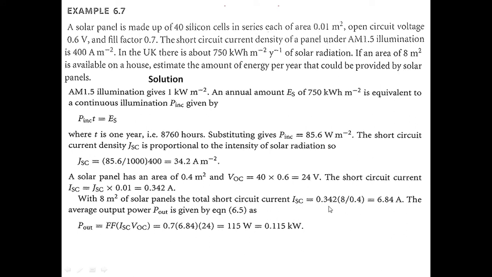So you can either calculate the number of panels and then multiply by my short circuit current, or, since short circuit current is proportional to the area of my single panel, you can say that if 0.4 can produce this much current, how much current will my 8 meter square area produce. So this is how it is a proportional thing.